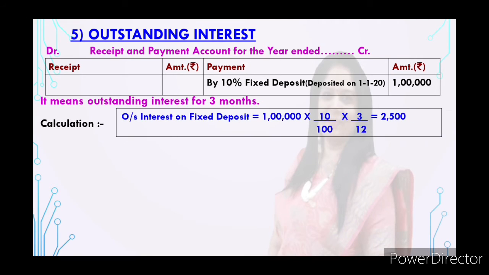Let's see the calculation. Outstanding interest on fixed deposit equals 1 lakh multiplied by 10 upon 100, that is the rate of interest, multiplied by 3 upon 12, that is the months, equal to 2,500 rupees.